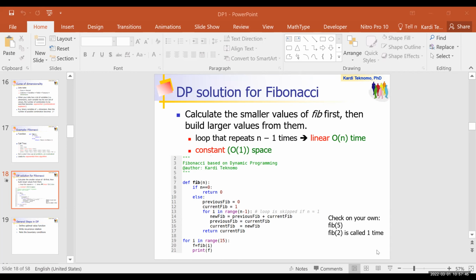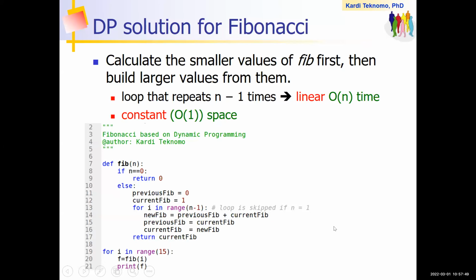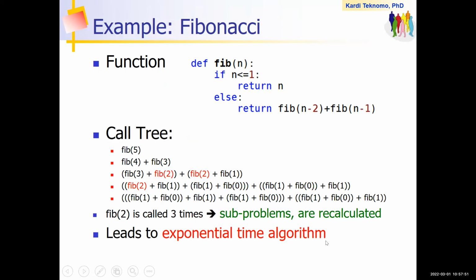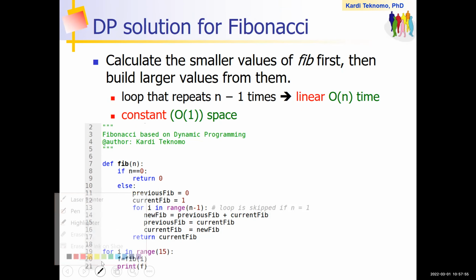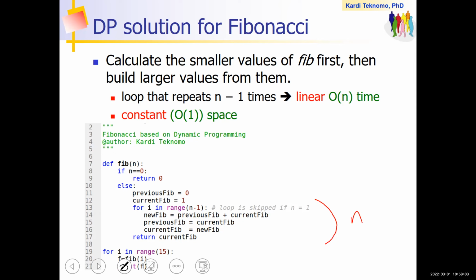The loop represents the n. So this is the loop that you call n times, right? Okay. So that's why this is called linear in time.